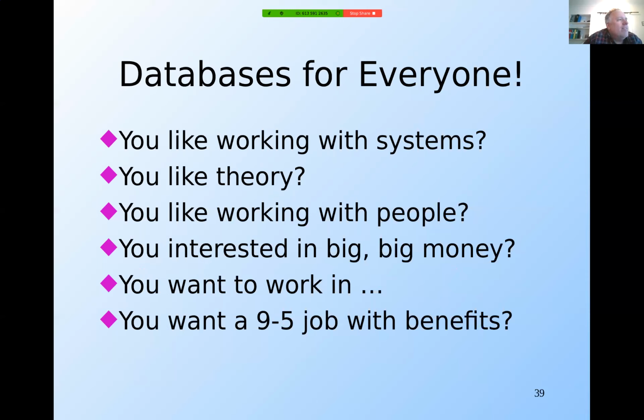Okay. They say, no, look, I want to work in, and name the area. You name an industry. I want to work in the entertainment industry. I want to work in rocketry. I want to work in the space industry. I want to work in whatever it might be. You can get in by being the database person.